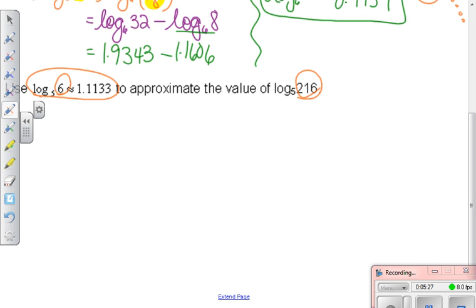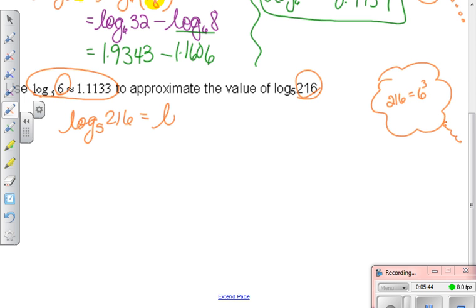And if I think about it, 216, if I check my table, is 6 cubed. So I can say log base 5 of 216 is equal to log base 5 of 6 cubed. I haven't changed my numerical value. I just rewrote 216 in a different form.